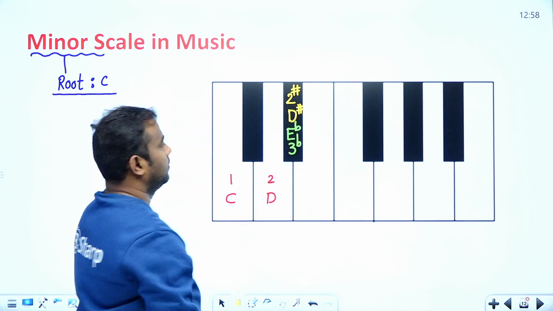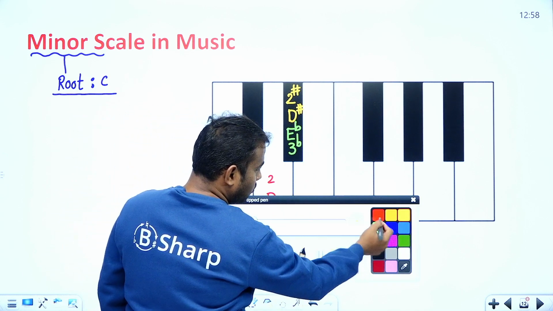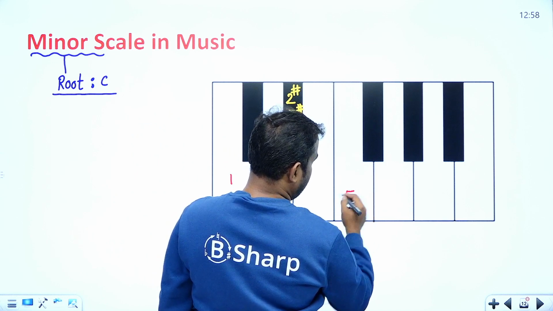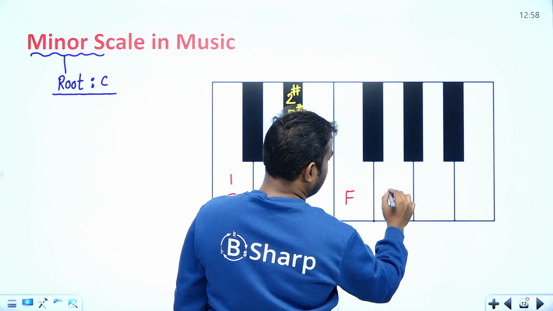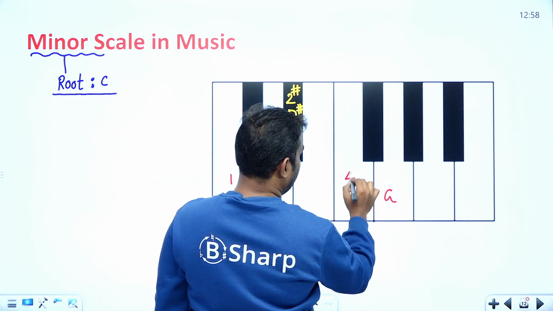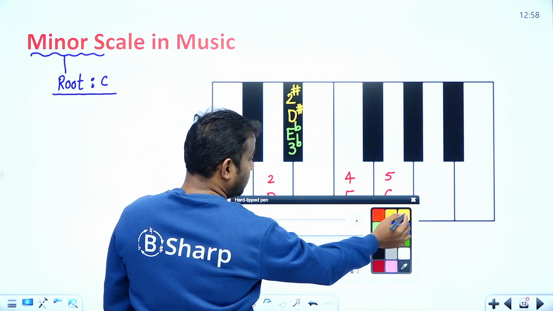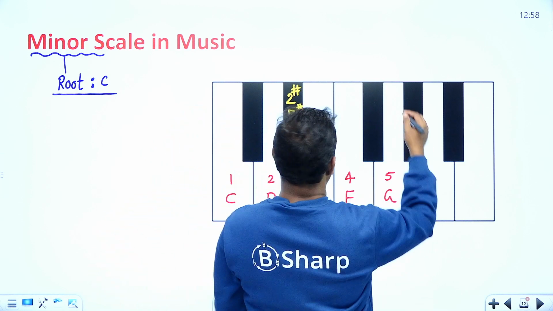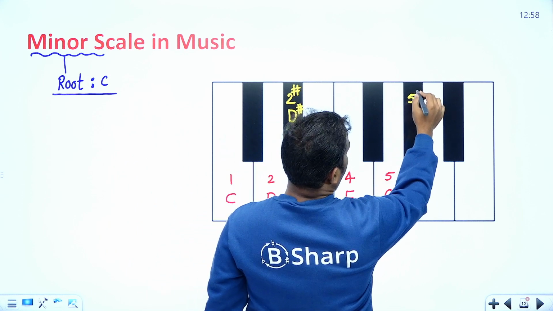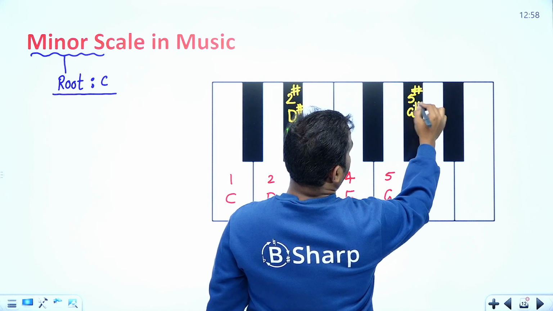Then the next key is going to be F. Then next is G. So 1, 2, 3, 4, 5. Then the sixth key, in the case of a minor scale, is going to be a 5 sharp, or else you can write it as G sharp.